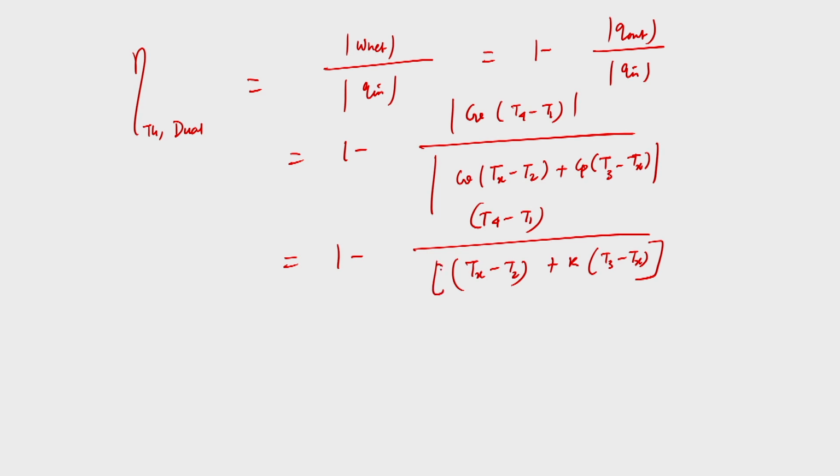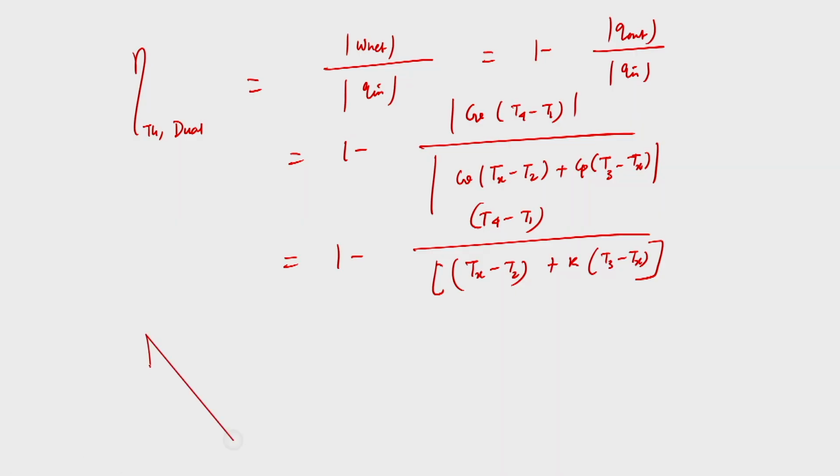After a few rearrangements, as I did in the first half of my lecture for the diesel cycle, with some manipulations in terms of the different temperatures, we can write the thermal efficiency of the dual cycle in terms of cutoff ratio and pressure ratio.